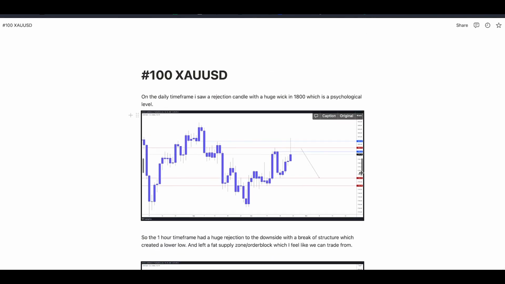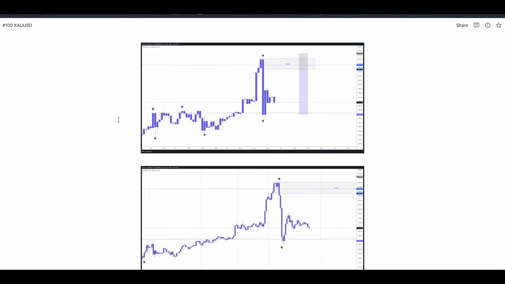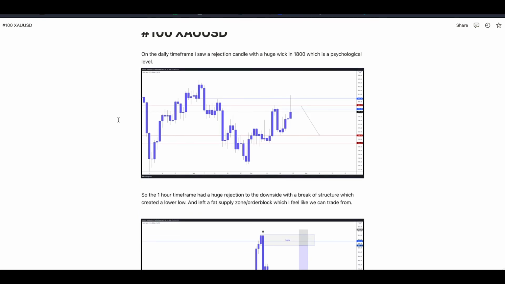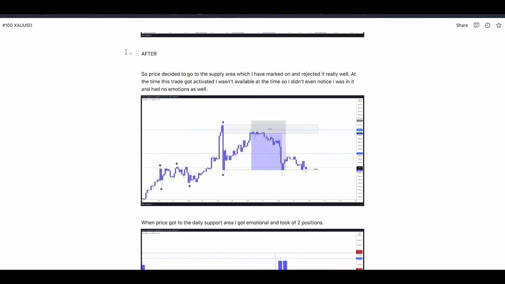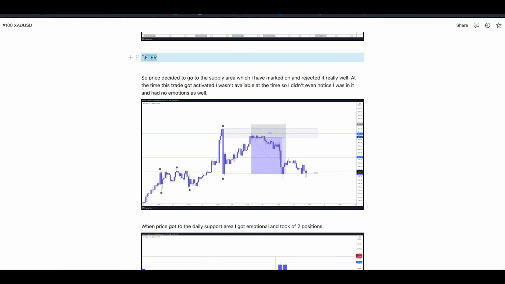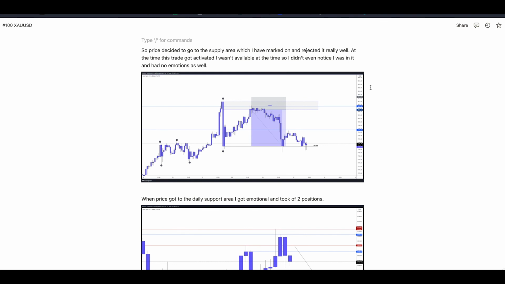So now, what we have is we have a before of our trade where we explained our setup, and we have an after where we have our trade explained with our emotions and what happened.